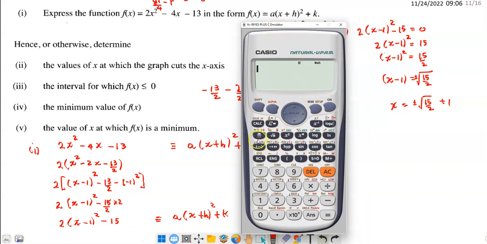So we have 15 over 2. So what we get there is 2.7386.